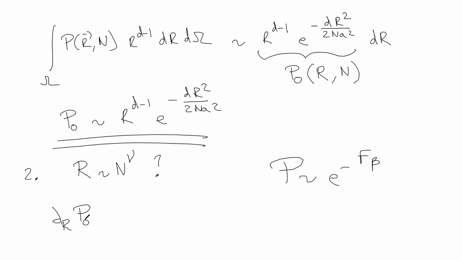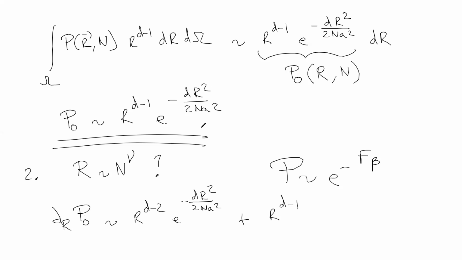So let me derive the probability with respect to R. So what do I get? Well, now I have two terms. So I have d minus 1, I don't care about the prefactors, so R^(d-2) times this exponential. And there is another term.